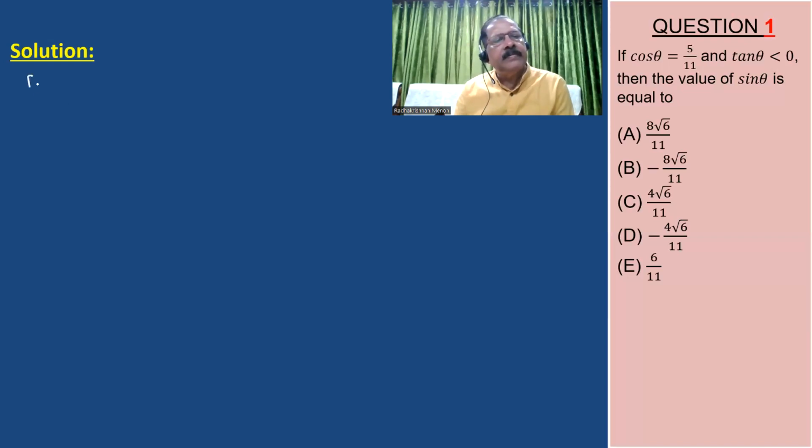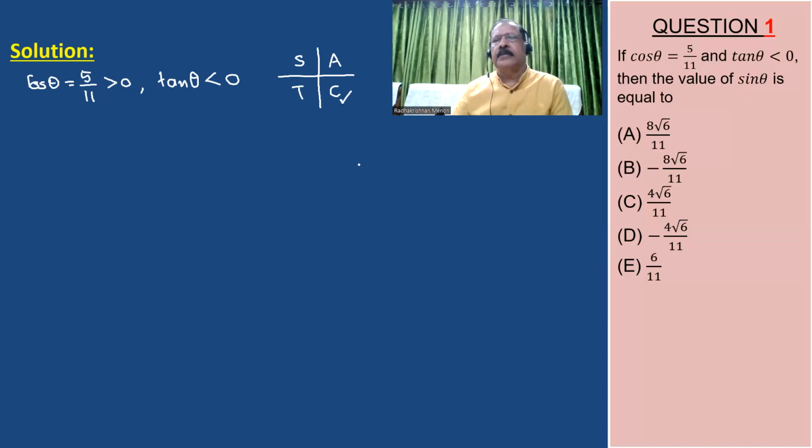So what is given here? Cos theta is equal to 5 by 11, which is greater than 0. Tan theta, it is given that it is less than 0, means negative. So cos theta is positive and tan theta is negative. You know that by using the ASTC rule, theta lies in the 4th quadrant.